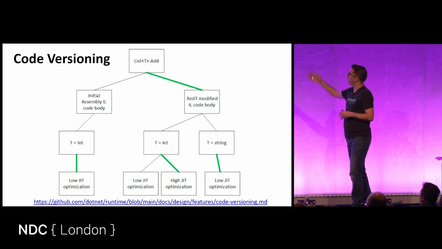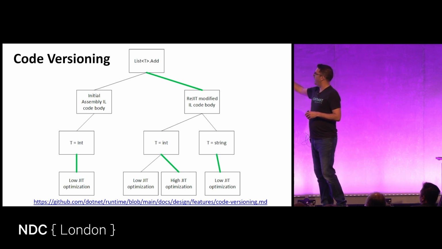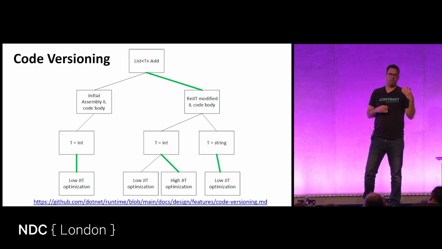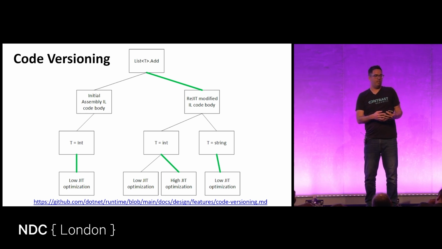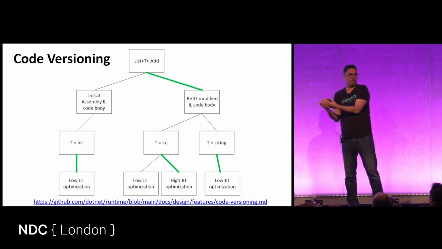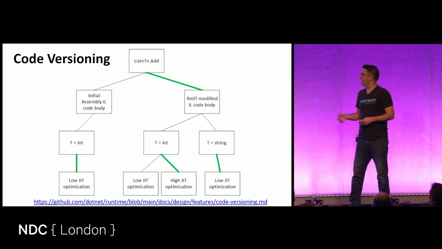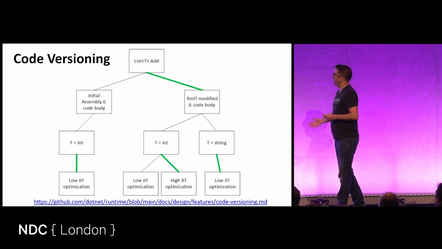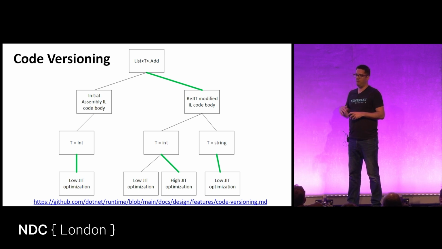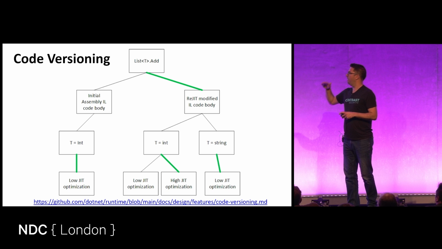Even with generics, you might want to optimize the int version because you see it called loads, but leave the string version as is. The mechanism behind this is code versioning, which can allow more, but at the moment it's mostly tier 0, tier 1.